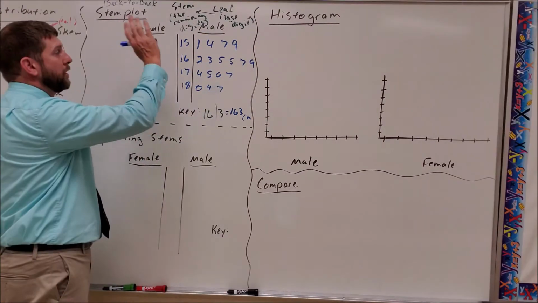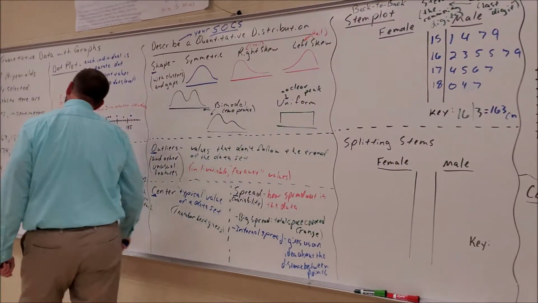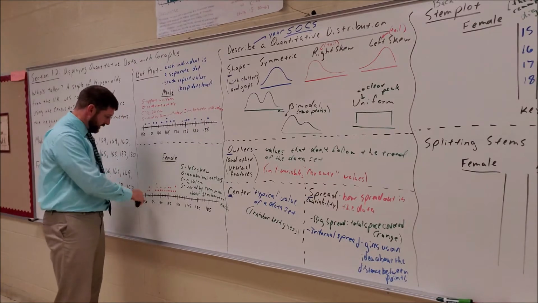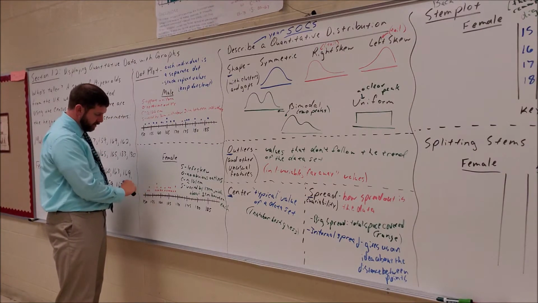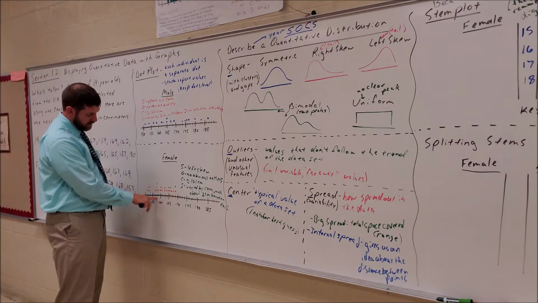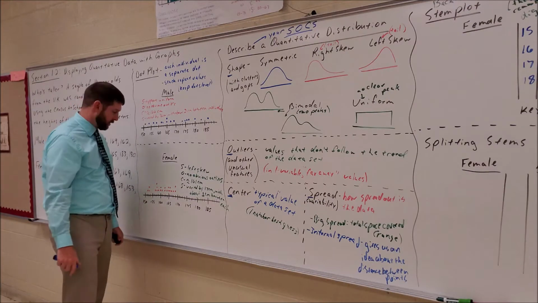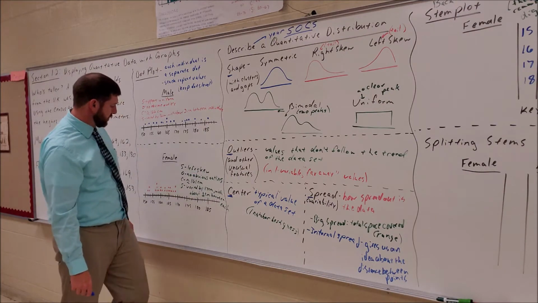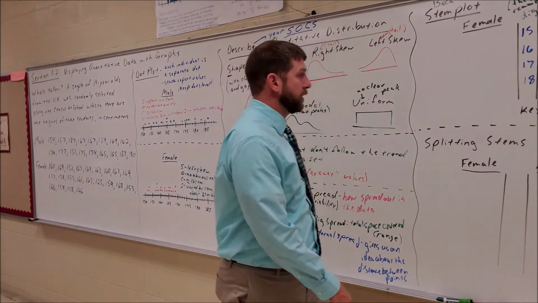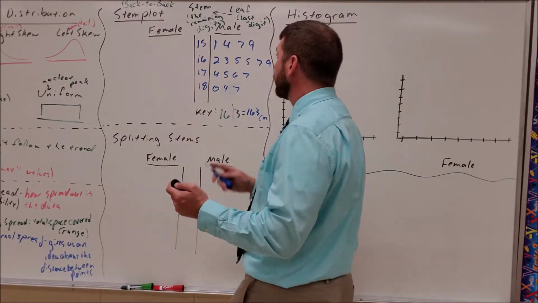Okay. On the female graph, if we look at the females for the 150s, we can see that we had 52, a couple of 53s, a 56, a few 57s, and a 58. So that's a 2, 3, 3, 7, 8, 8, 9, right? The way that would work, we're going to work inside out.